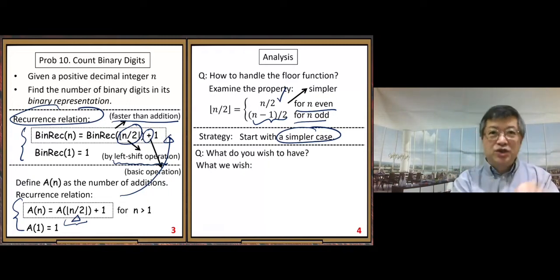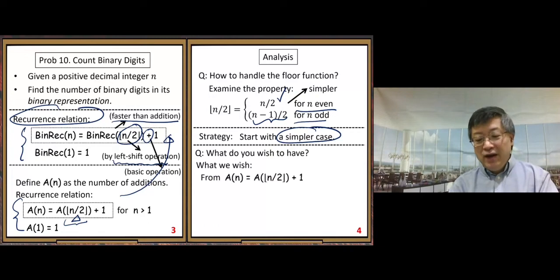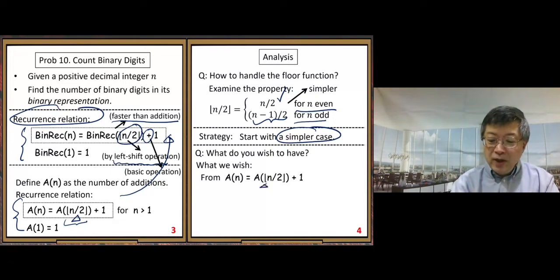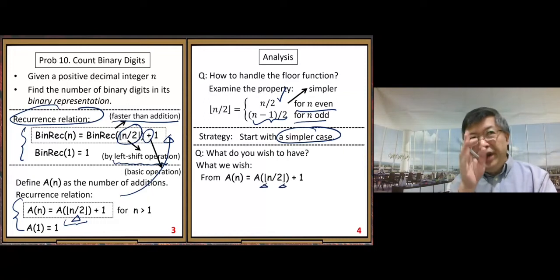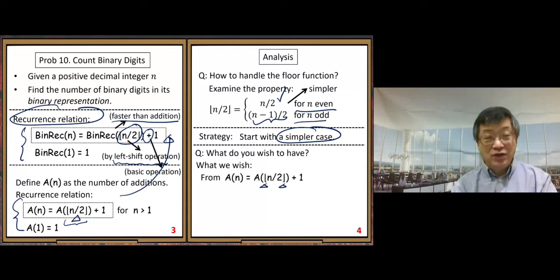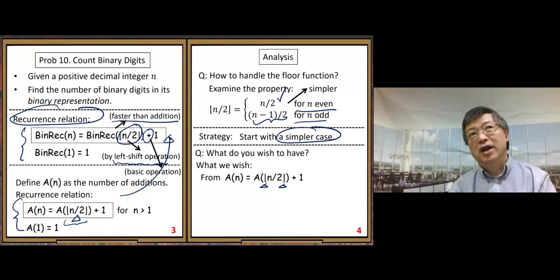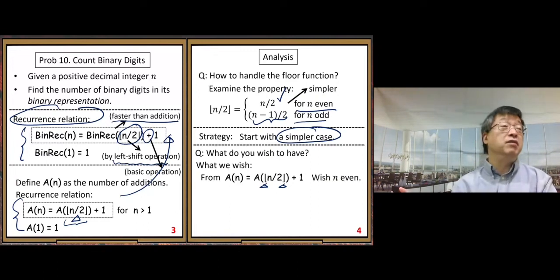So here we try to select that. What do we wish? If you look at this equation, what do we wish? One thing we wish is that the floor function would not cause problems. You don't wish that the floor function causes problems. In what situation does the floor function not cause any problem? When n is even, right?